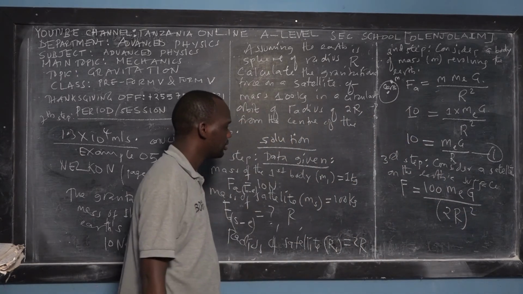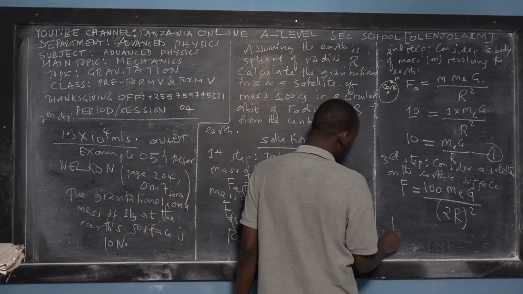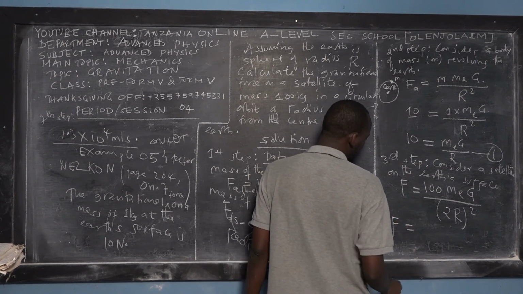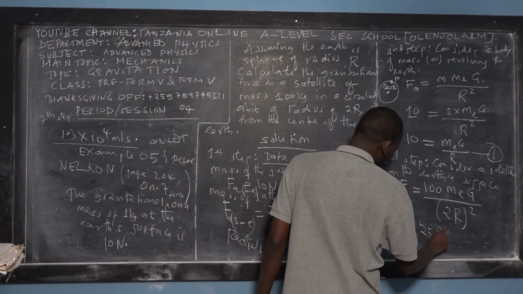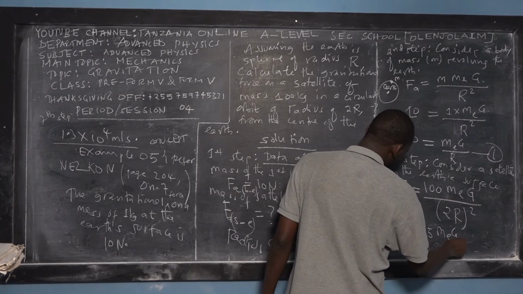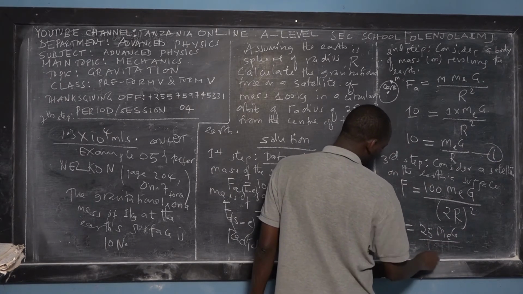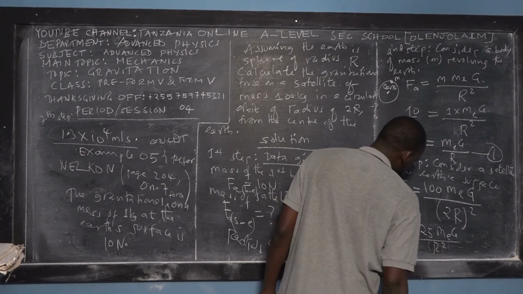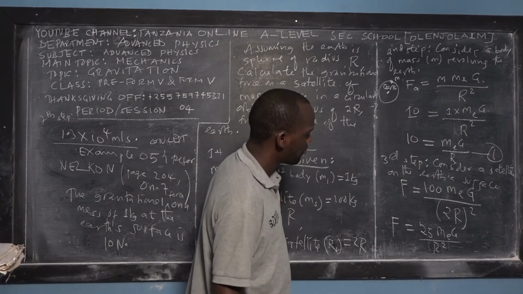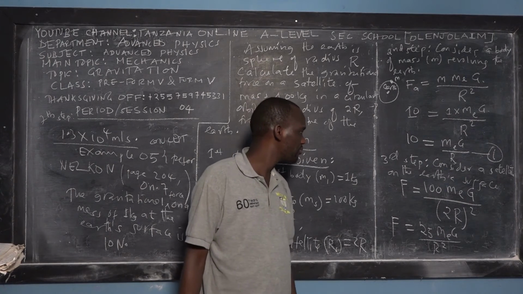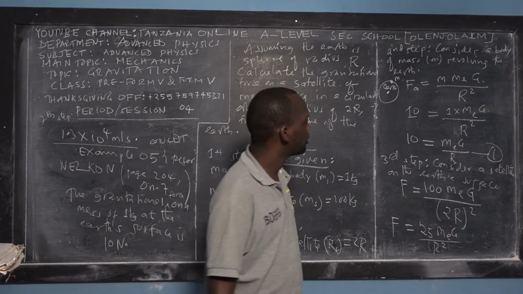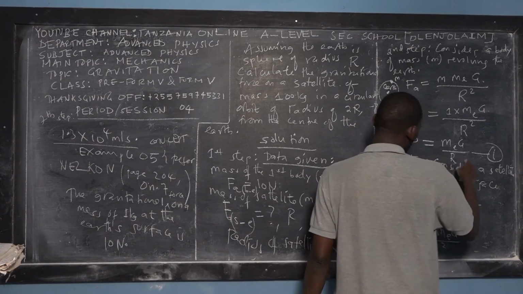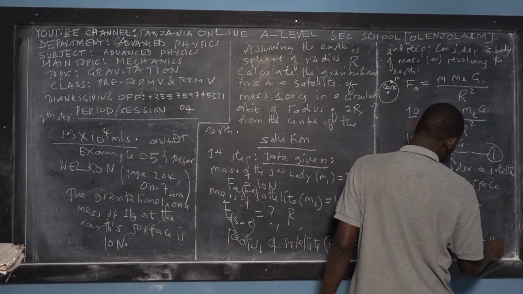Right? So you're looking for this force of attraction is equal to 25 mass of S, gravitational constant, over R squared. Are we together? So this is question 1, this is question 2.